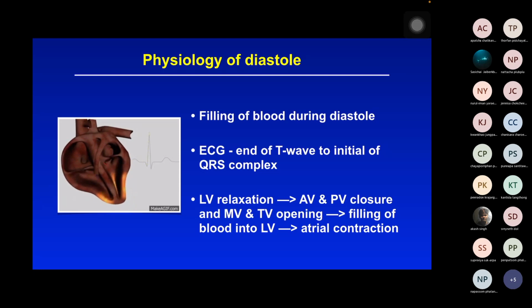When the LV relaxes, the aortic valve and pulmonic valve close, but the mitral valve and tricuspid valve open to flow the blood into the LV and RV. After that, atrial contraction kicks the last blood from the LA and RA to the RV and LV. This is the diastole.